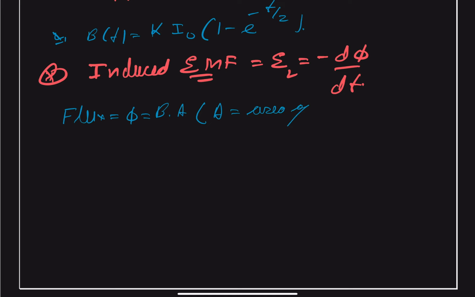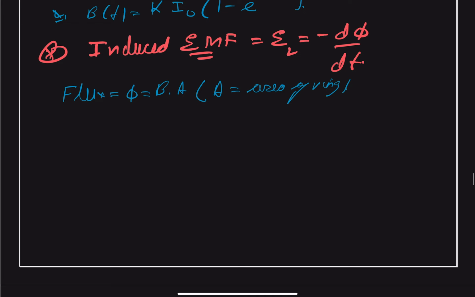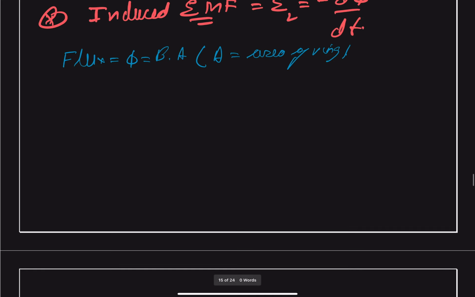We substitute the value, and we get our induced EMF as minus A dB upon dt, because it is given that the magnetic field is changing with time.